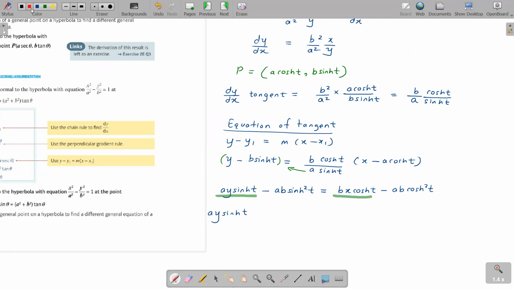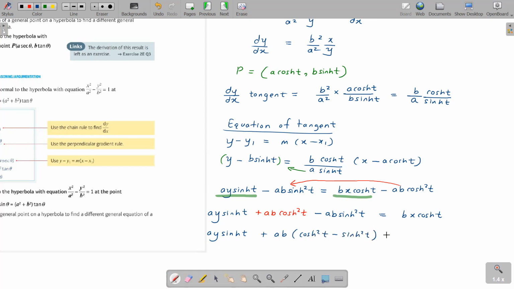What I'll do is I'll take the minus ab cos square t to the other side. Is that okay? Minus ab cos square t comes as plus ab cos square t to this side. Are you okay with that? And then minus ab sin square t remains, equals bx cos t. Now I'll take the ab out. From these two terms, I get cos square t minus sin square t equals bx cos t.